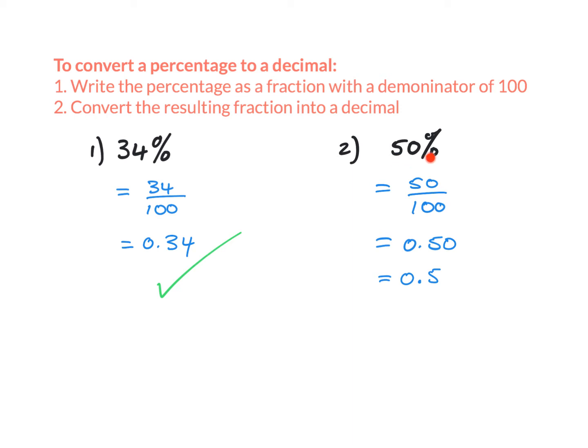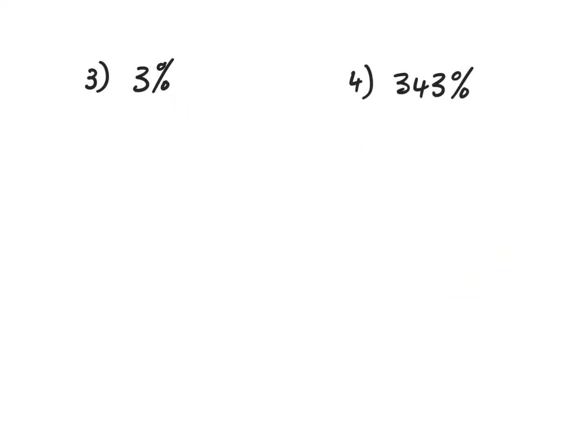Alright, you should end up with 0.5. And quite simply, 50% is 50 over 100. I know that that 0 over there is in the 100th position, so I can rewrite it as 0.50. And I don't necessarily need to show that 0 in my answer, so I can just drop it off, and my answer therefore is 0.5. Alright, two for you to give a go.